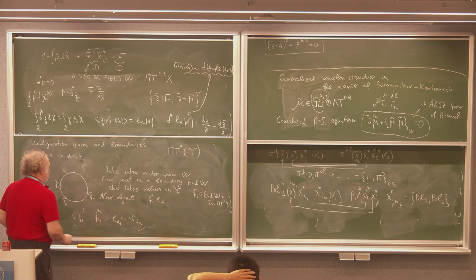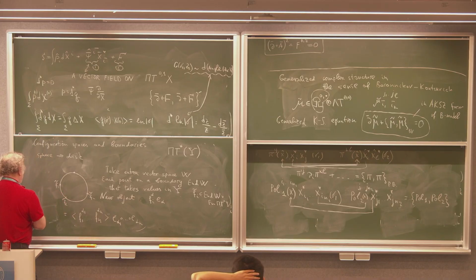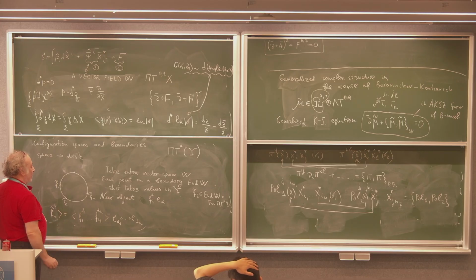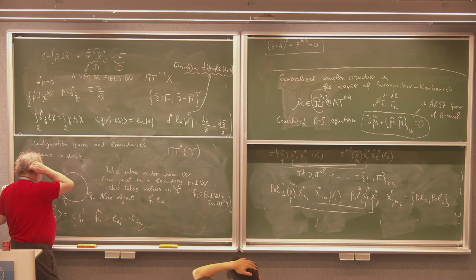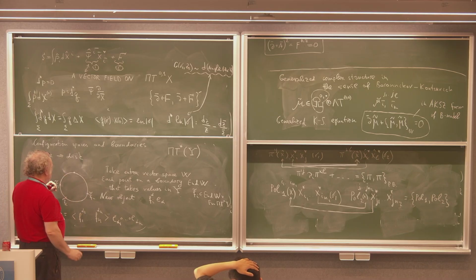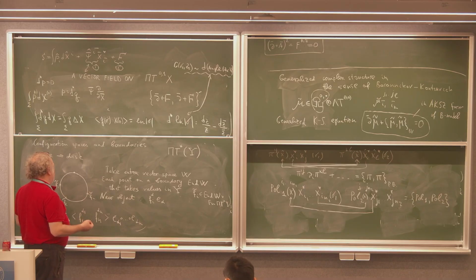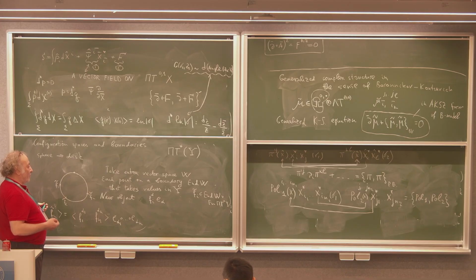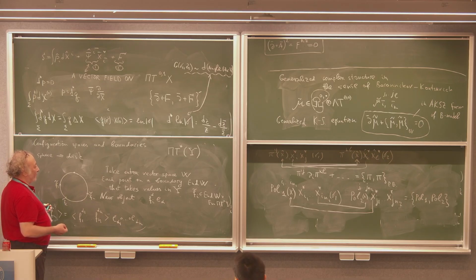And this would be the new correlators. Let me just announce what kind of correlators I would get and what kind of properties they would have.